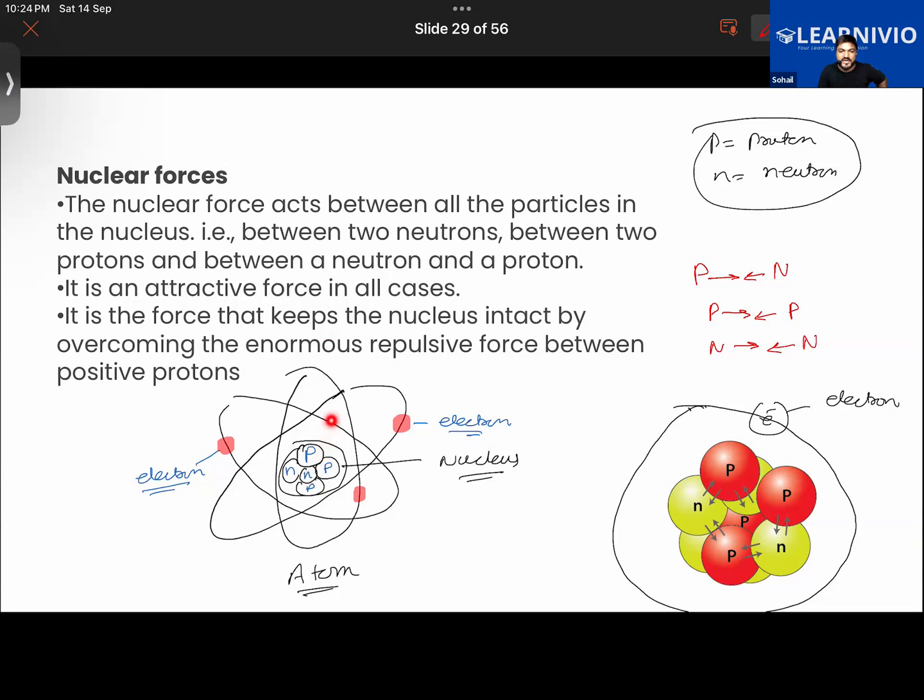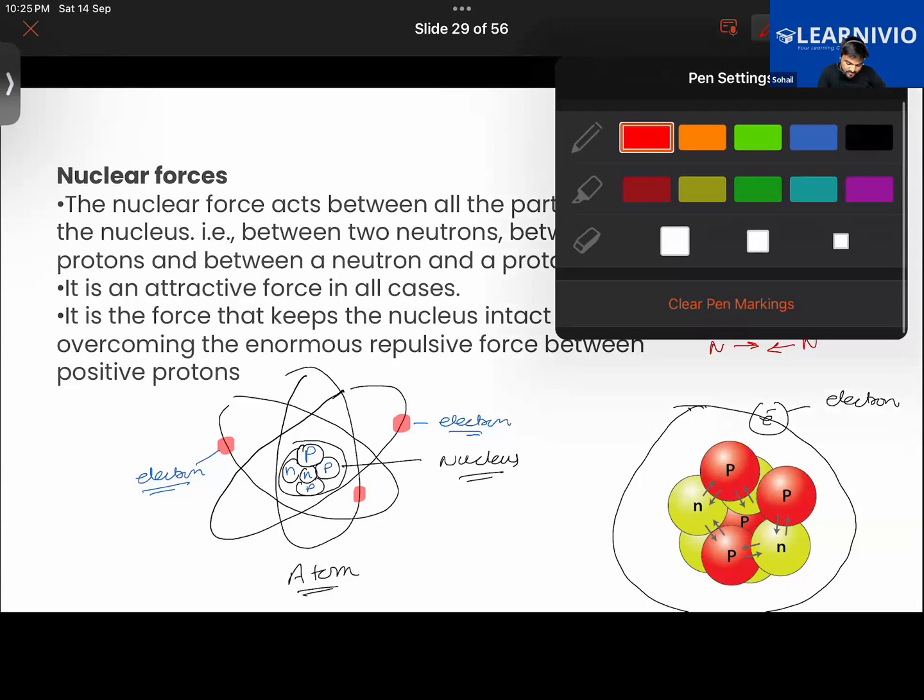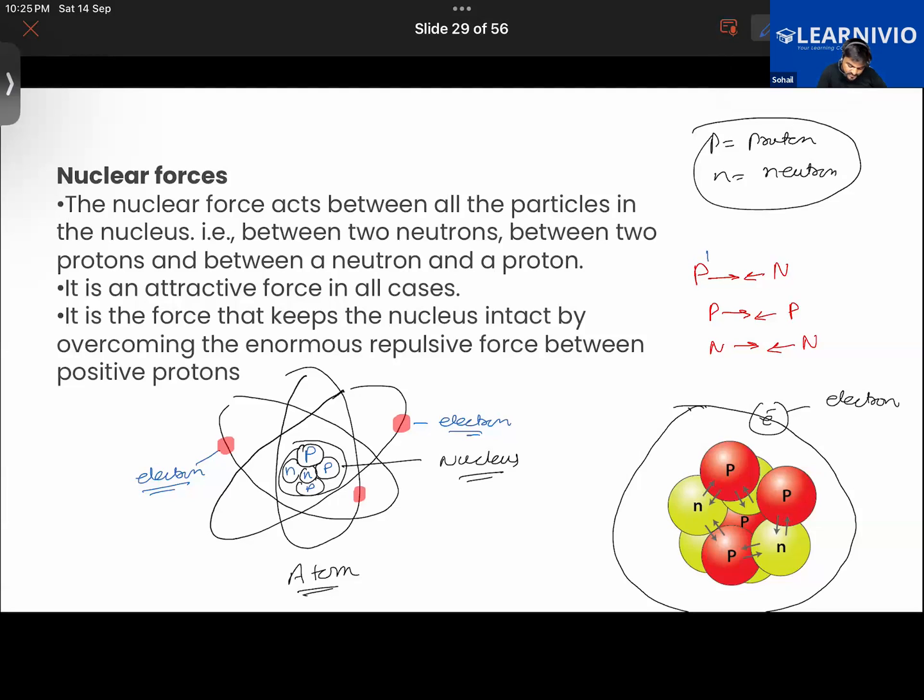So it's the force that keeps the nucleus intact by overcoming the enormous repulsive force between positive protons. Now what we know is that protons are positive, and neutrons have zero charge. We know that like charges repel each other.